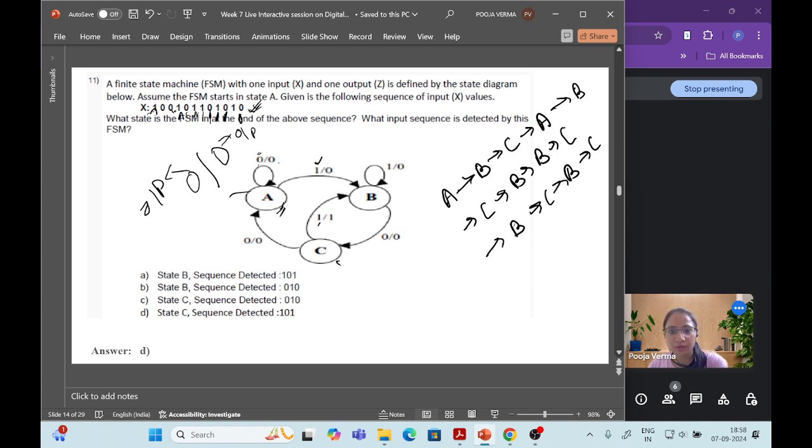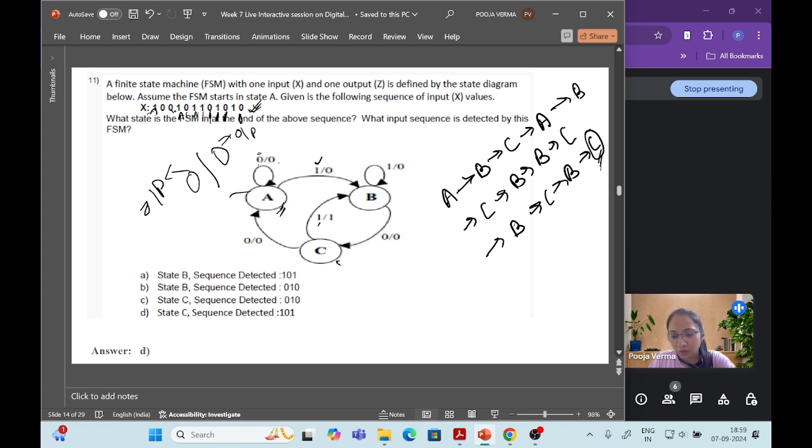So what input sequence is detected by this FSM? So first one is, what state is the FSM in at the end of the above sequence? So it will end at state C, right? So if state C, it will end. So now what input sequence will be detected?